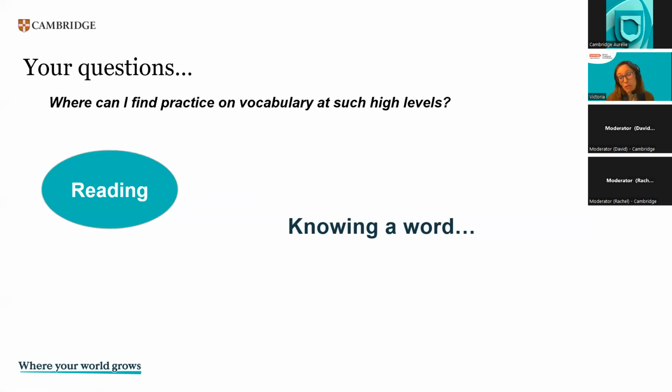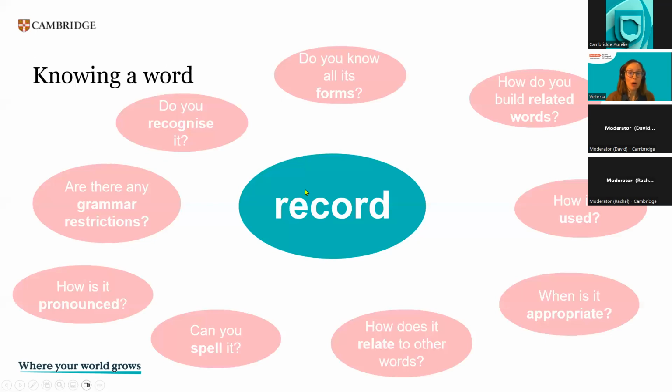Okay, and when reading, try to understand also, or not understand, but be aware of certain aspects that are involved in knowing a word. So when we know words, what do we mean by knowing a word? It means that we know all its forms.